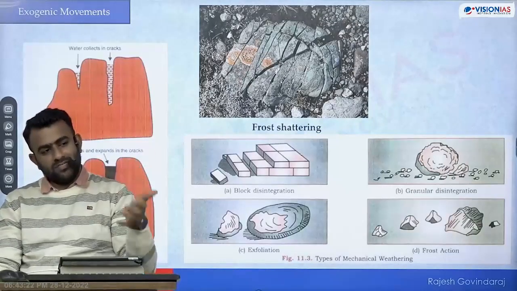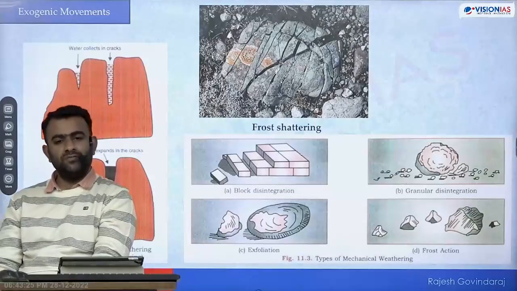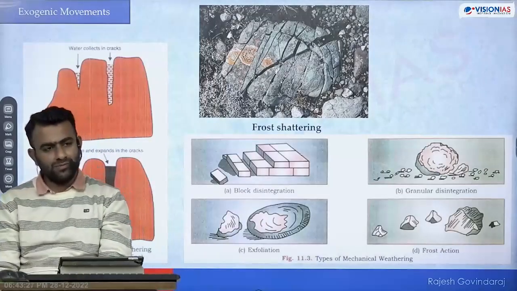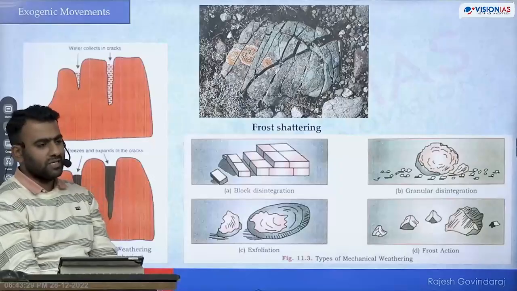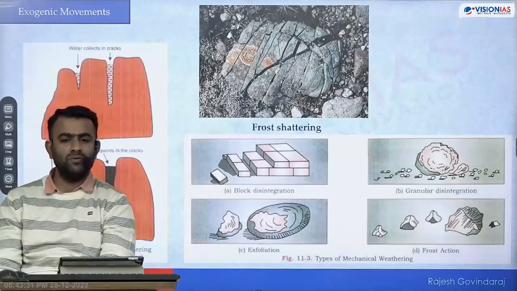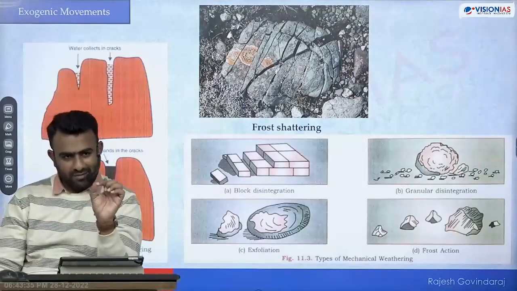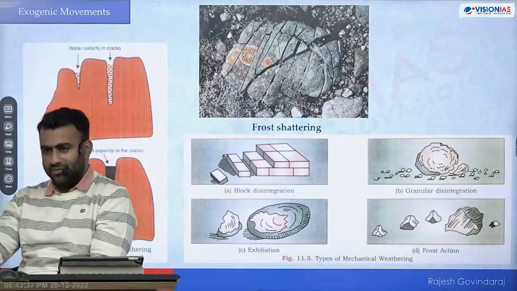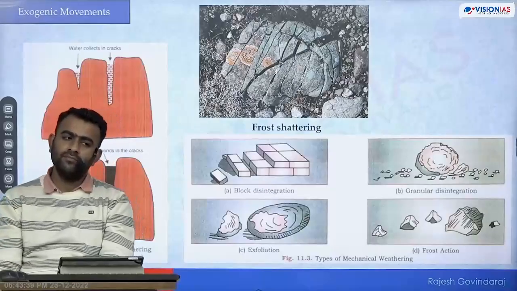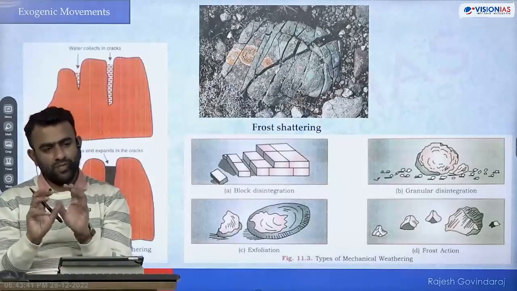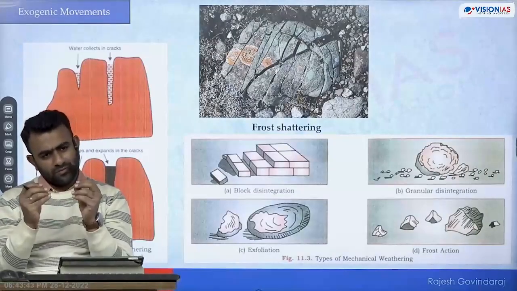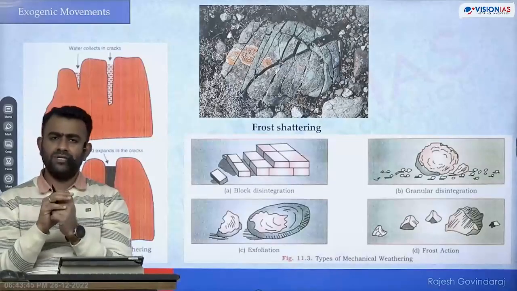These are the different examples of physical weathering, or you can put a classification also. But nobody is going to ask you what is exfoliation, what is haloclasty. In mains, the overall question will be what is weathering, factors affecting weathering, explain the different types of weathering. Okay? So even if you remember 2, 3 and if you are able to give examples of 2, 3, that is sufficient. That will be fine.